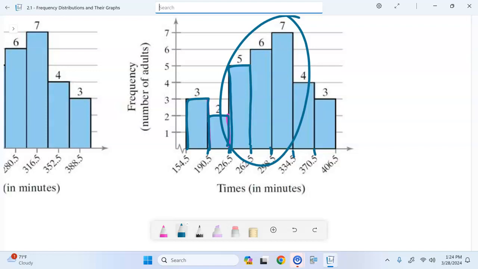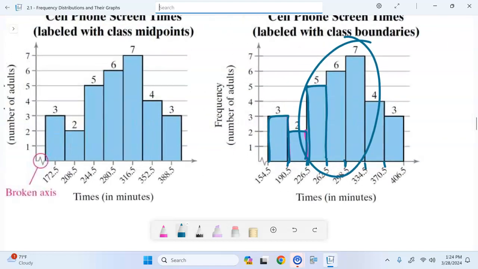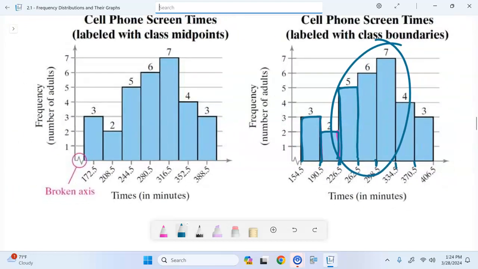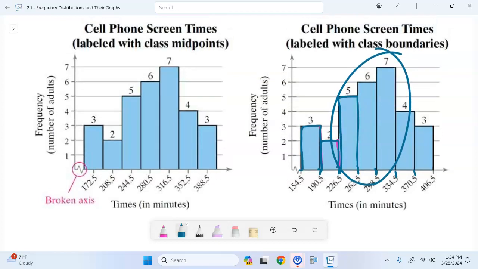The other way to represent the same information, instead of using class boundaries that give the starting and stopping points of each class, is to use the class midpoints. Those midpoints that we found earlier can be used to mark each class. Notice how the tick mark is in the middle of the bar instead of on the ends. That's how we know it's a midpoint, not a boundary.